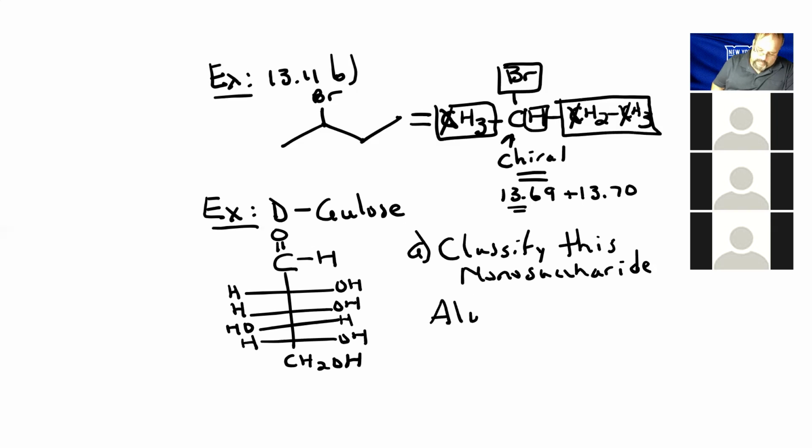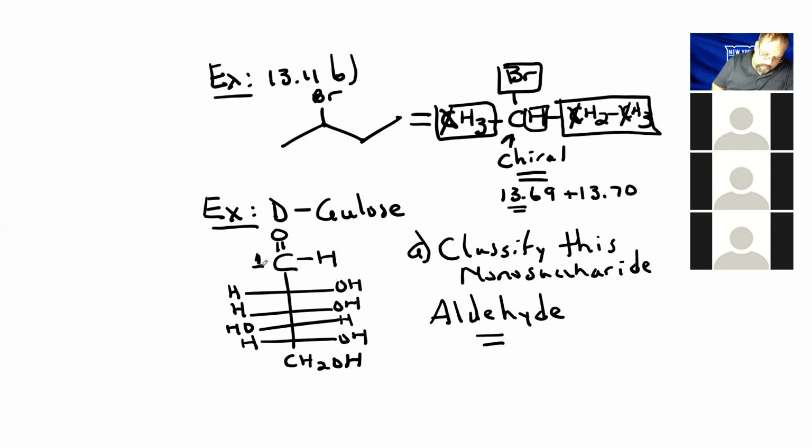And hopefully you recognize very quickly that the carbonyl group here is an aldehyde. If you look at the top, you have a C double bond O carbon with a hydrogen attached. That's an aldehyde. And then what's the length of the carbon chain here?